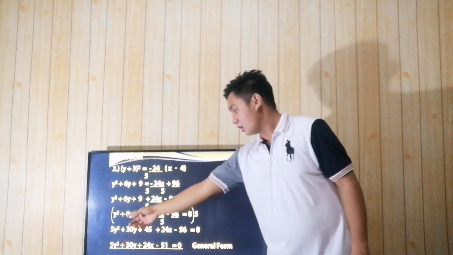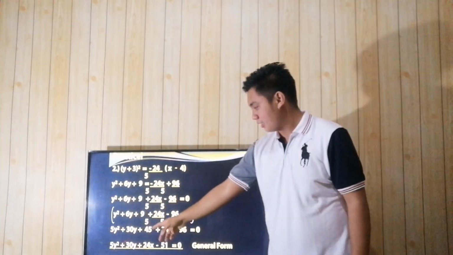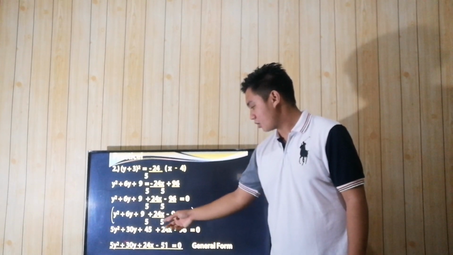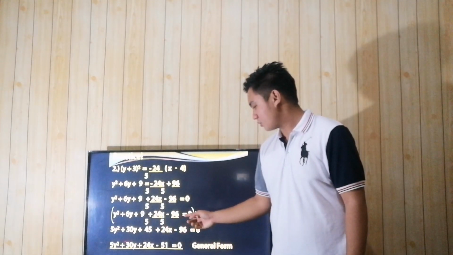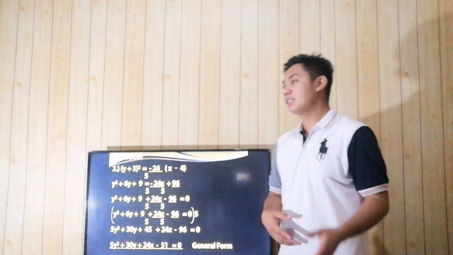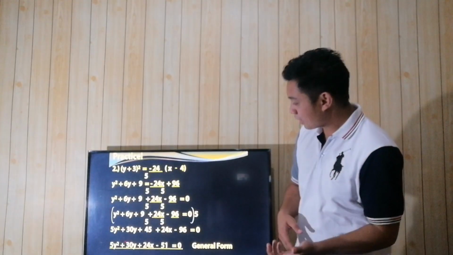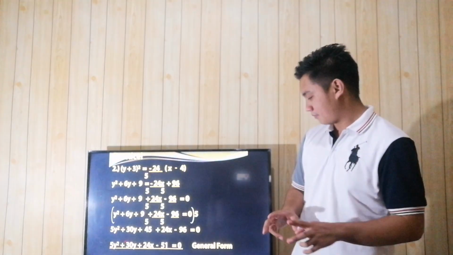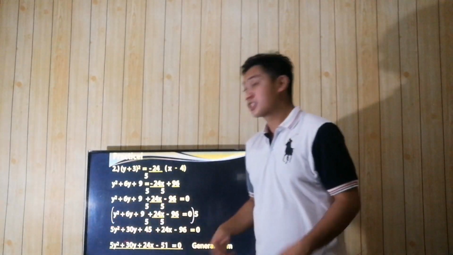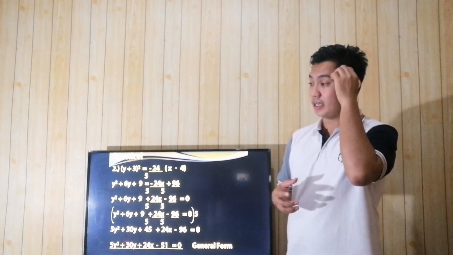So, we have y squared plus 6y plus 9 plus 24x over 5 minus 96 over 5 is equal to 0. Ngayon, di ba, sa standard form kanina is dapat walang value dito. Sa general form is okay lang.